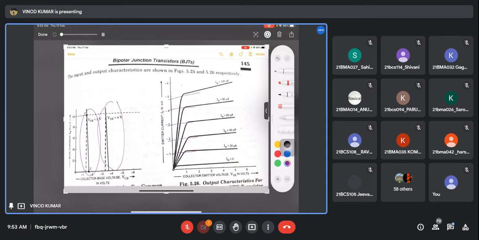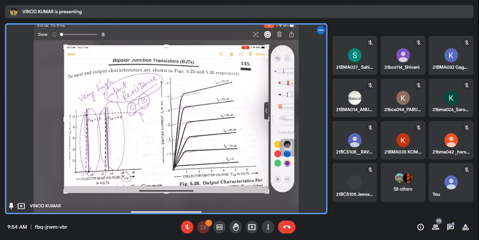Because of its very high input impedance, input resistance in this case, because input is common collector and base basically. Okay, and that is a bit of problem because base is least doped and collector is also lesser doped. So because of that, its input impedance is very high. Okay, that's why we have input and output voltage, they are almost same.